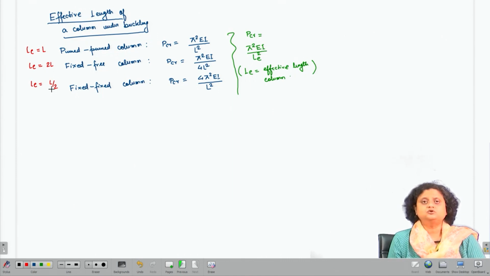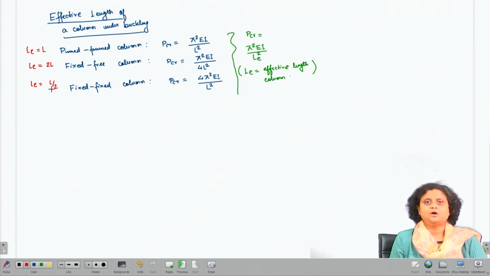That will strongly influence the buckling capacity or the compressive load bearing capacity of that column. So, in practice, one has to be very careful while identifying the boundary condition of a column in order to accurately design it for the buckling load.